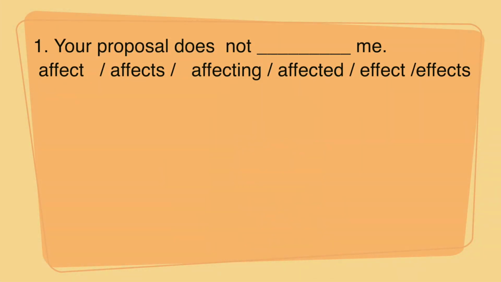I want to try one more just to make sure you really got it down. So this time I'm going to read a sentence and I'm going to give you maybe 4 or 5 different options to choose from. So I hope you got your pencils and papers ready to go. Number 1, your proposal does not blank to me.